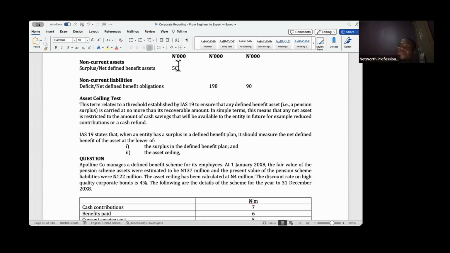And since it is a remeasurement, or since it is a change in the value of an asset, it's definitely going to be recognized in the OCI, which is your other comprehensive income.